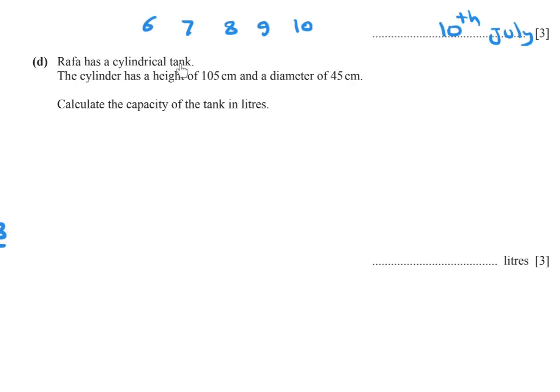Rafa has a cylindrical tank. The cylinder has a height of 105 centimeter and a diameter of 45 centimeter. Calculate the capacity of the tank in liters. Capacity means volume. So volume of a cylinder equals pi r squared times height. The radius is 45 divided by 2, so 22.5.